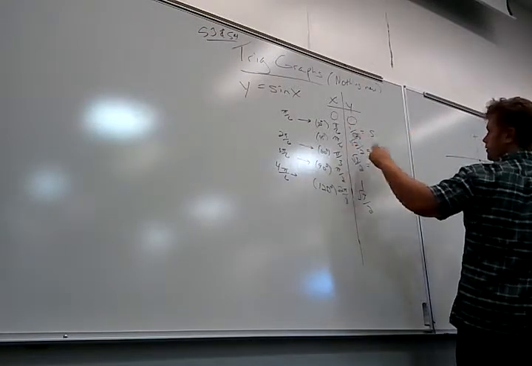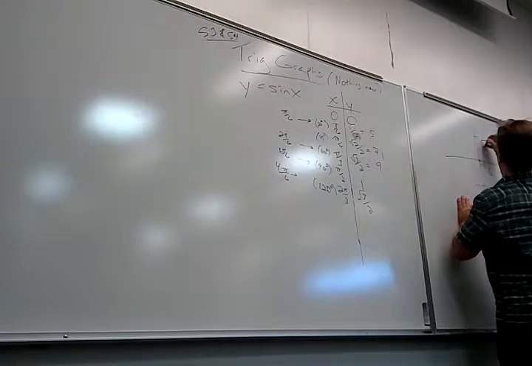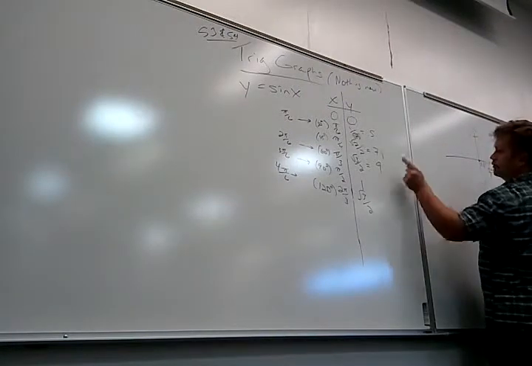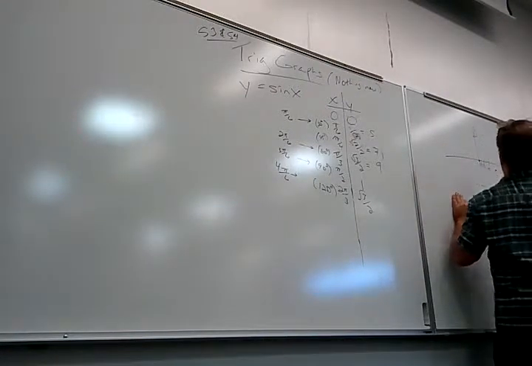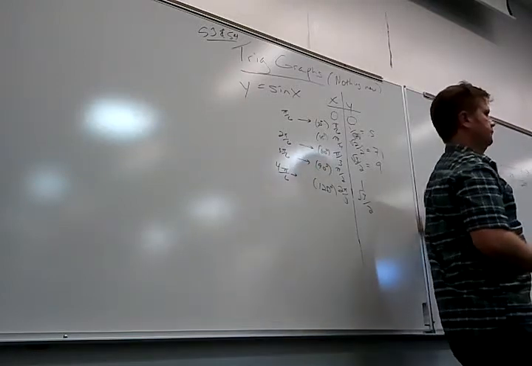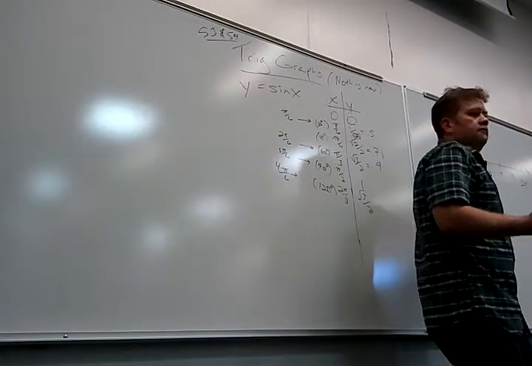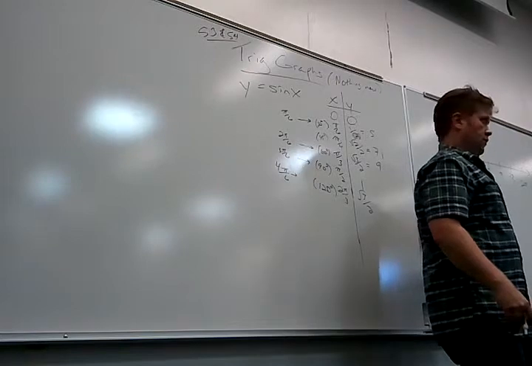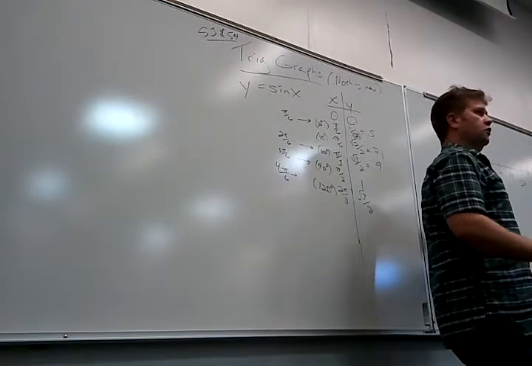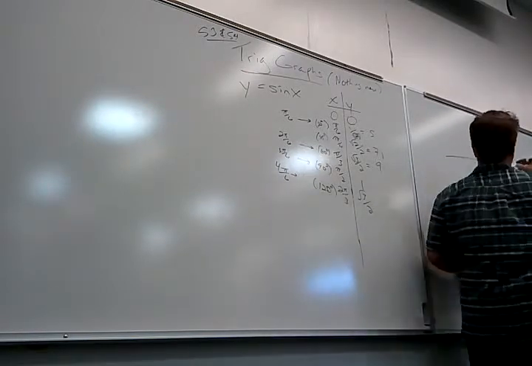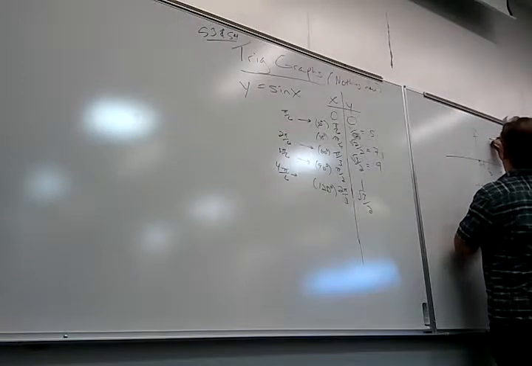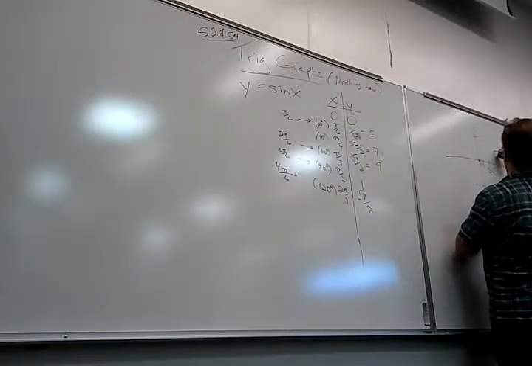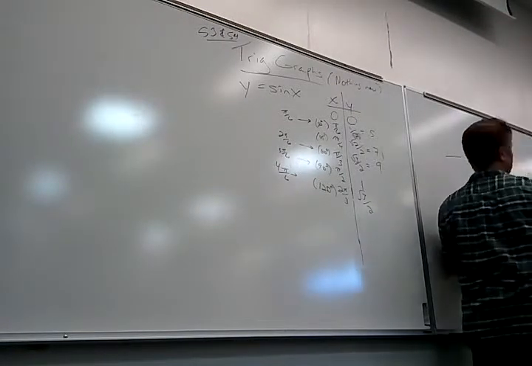Pi over 4, this was 0.7. Pi over 2, it's 1. And again, it's not going to be perfect here, but you start to see something that looks familiar, hopefully, for some people. And then it starts to go back down, and it's actually symmetric as it goes back down. It's here, here, here.